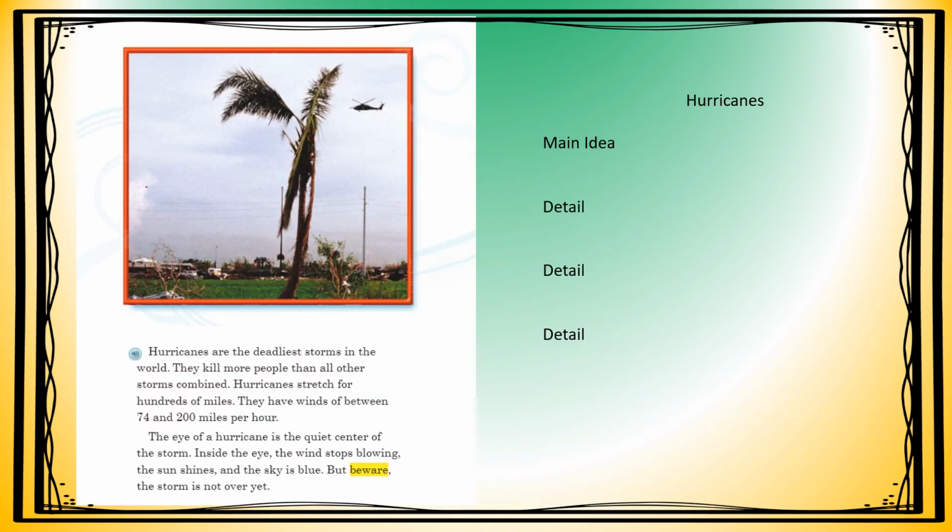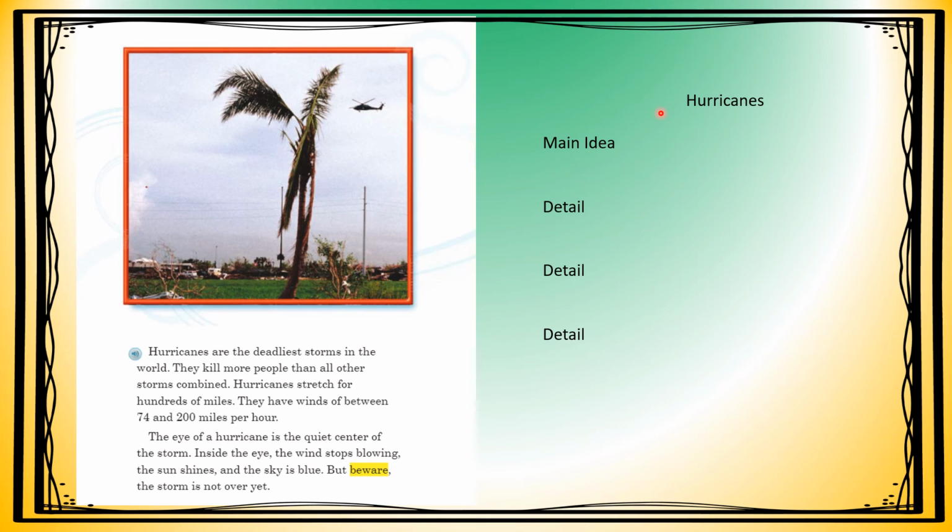The topic of this page is hurricanes. On this page we see 2 paragraphs. We will find 2 main ideas on this page, but each main idea will be about hurricanes. Now, boys and girls, I want to give you a hint, a little help.